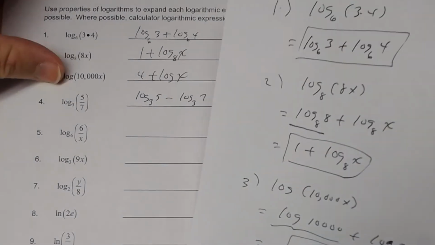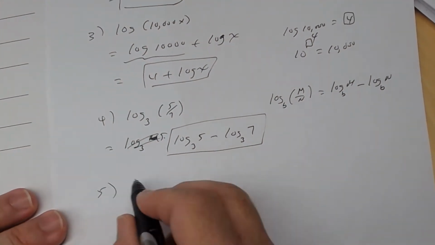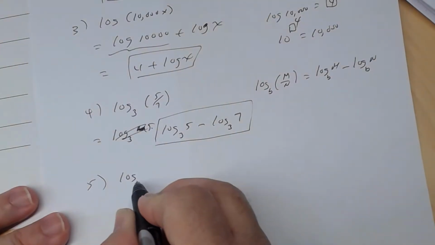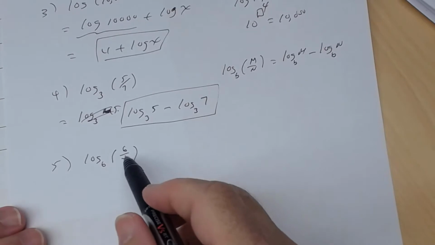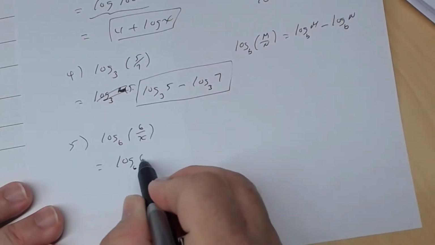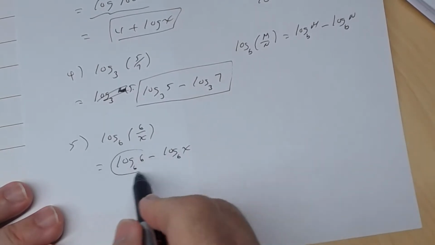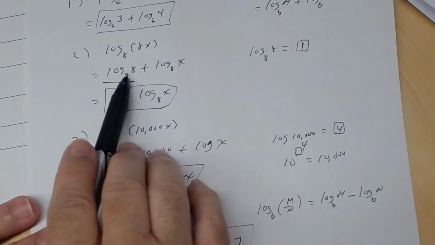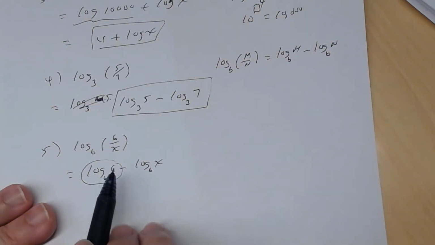Okay, number 5, you have log base 6 of 6 divided by x. So again, we're going to use the quotient property. So that becomes log base 6 of 6 minus log base 6 of x. Now I can figure this out just like I figured out what the log base 8 of 8 is. So same thing: 6 to what power is 6?